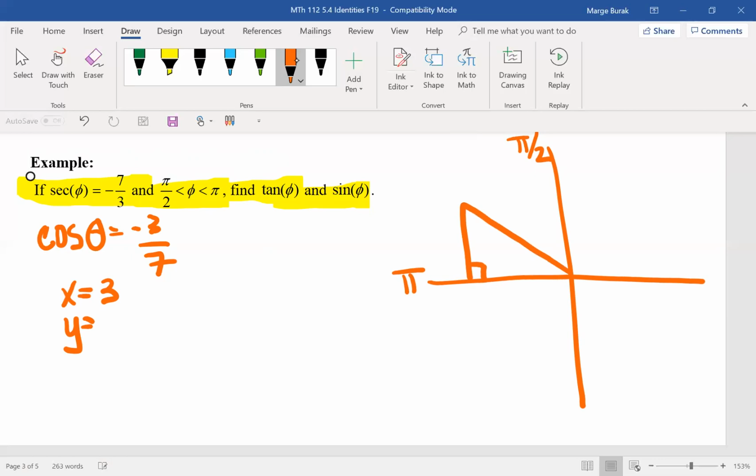Okay, so quadrant 3 is negative cosine. So we're going to have negative 3, and we don't know what y is, but we know that cosine is x over r. And since it's in quadrant 3, we want a negative 3 and a positive r. And that's how we decide two of our values.